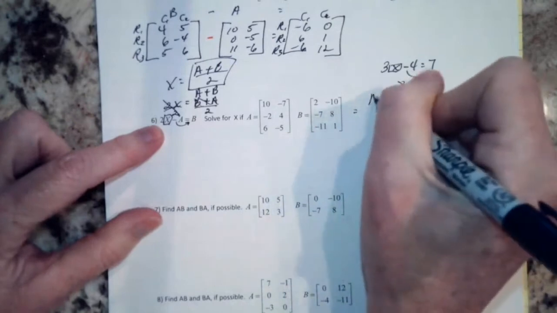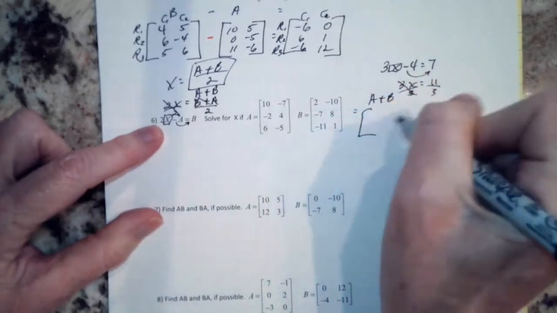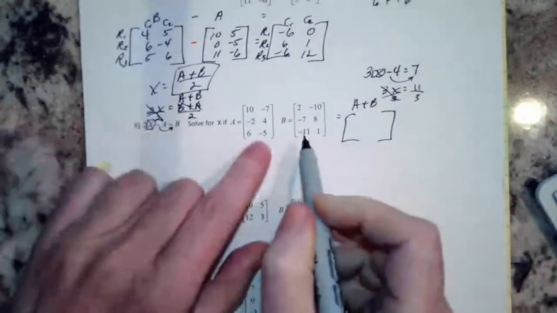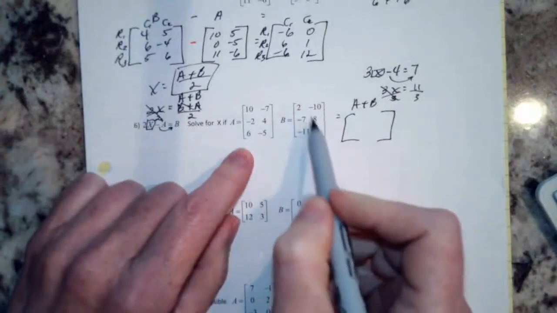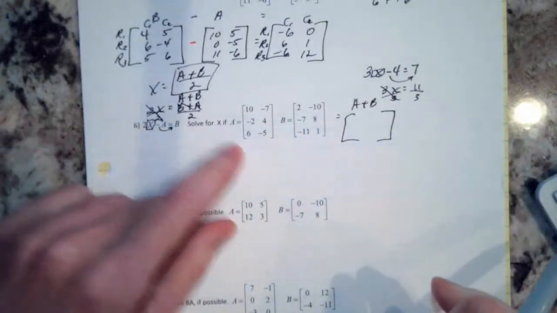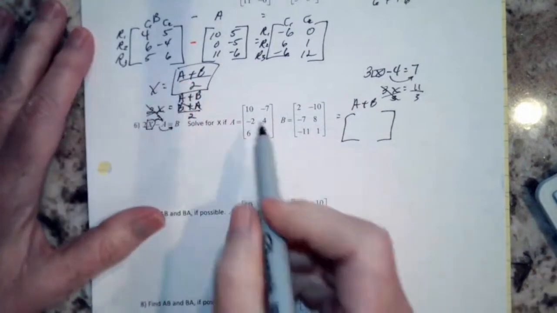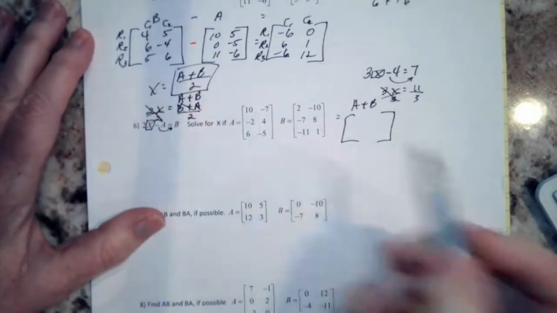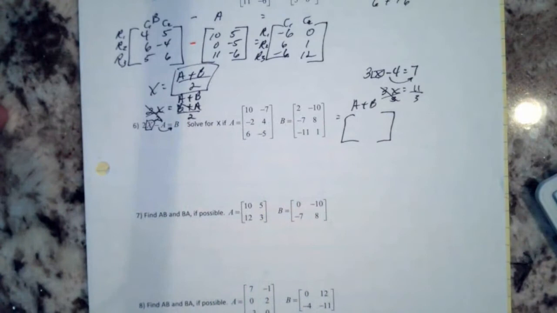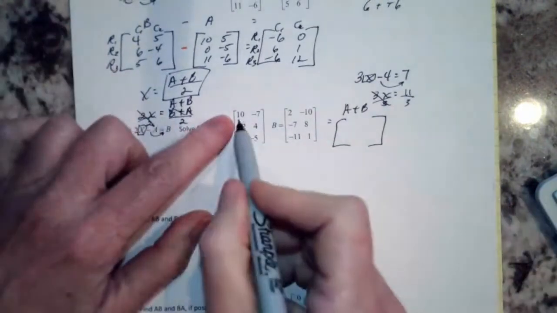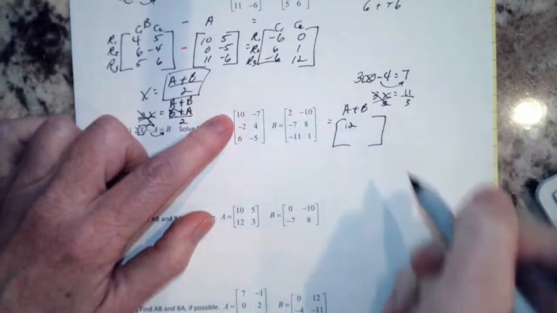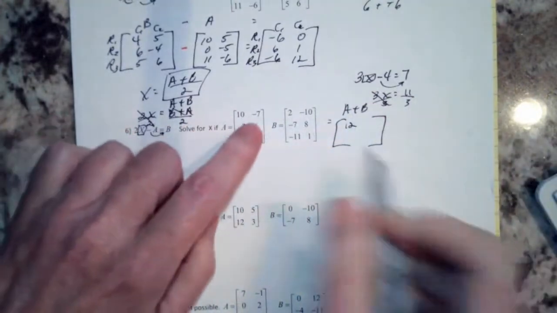So I think I can handle a plus b right here. Just adding these up, we've got a 3 by 2, a 3 by 2, so they're addable. So let's go ahead and add them first. And if you're skipping ahead of me, good, I'm glad. So in corresponding positions, I'll get a 12 there.